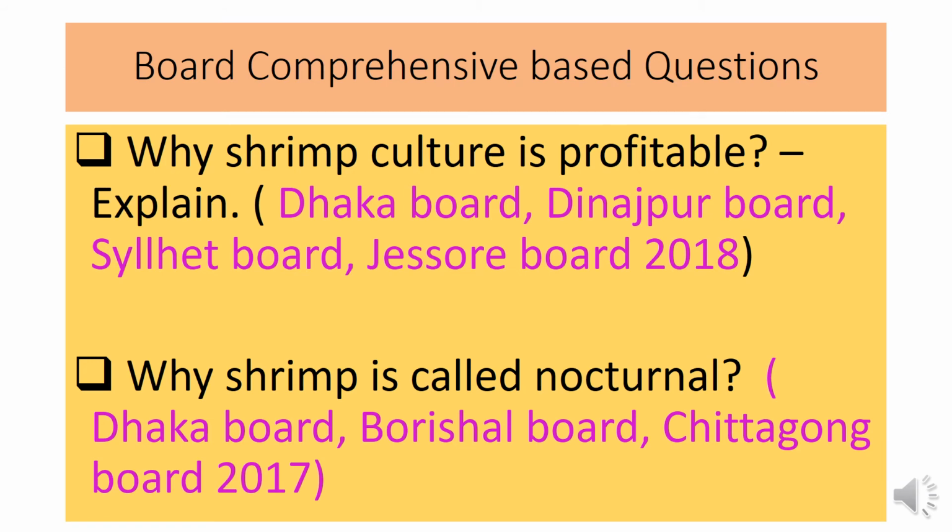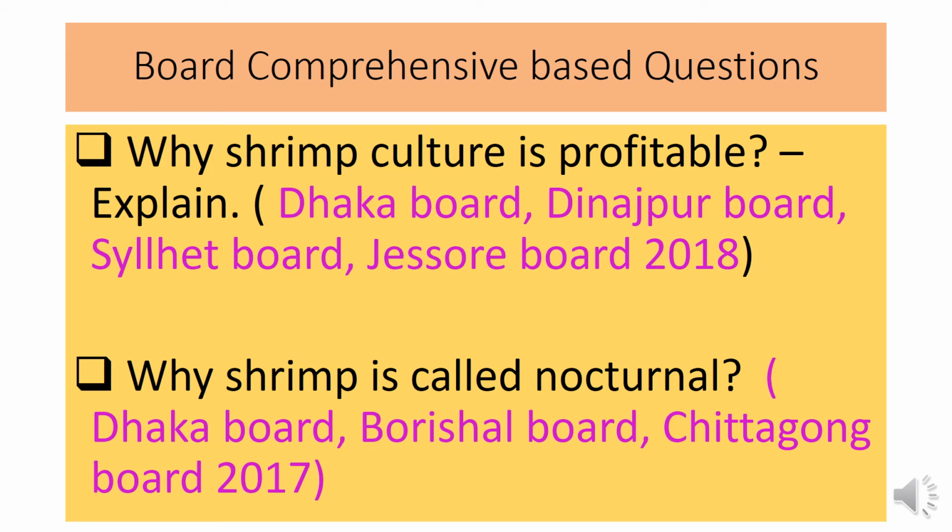The second question is, why is shrimp called nocturnal? It came in Dhaka board, Barishal board, and Chittagong board in 2017. Shrimp is a nocturnal animal because shrimp complete their normal activities at night time.